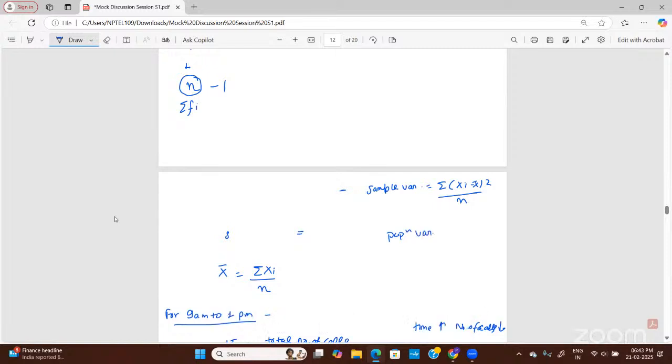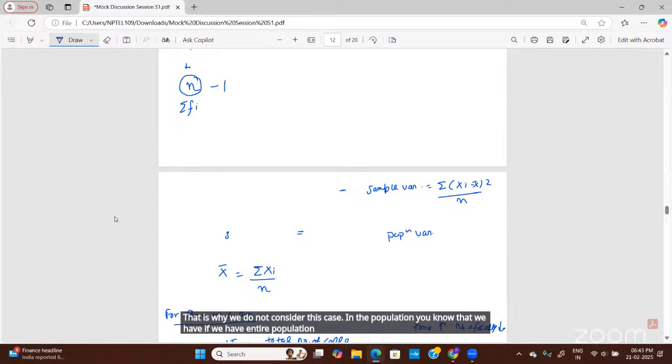That is why we do not consider this case. If we have the entire population, then we don't have to do n minus 1. When we have the total population, we can divide by n directly.